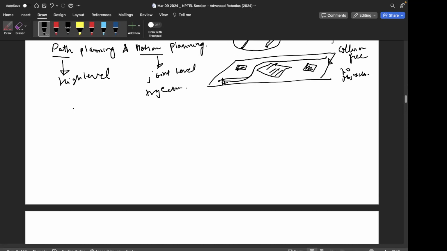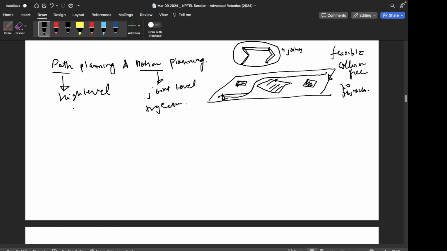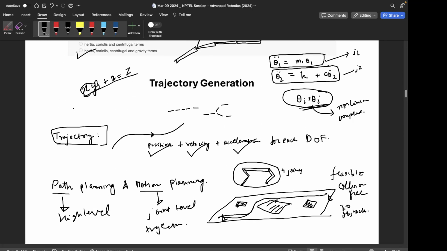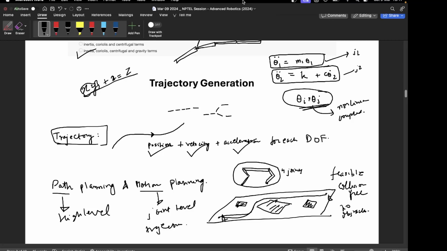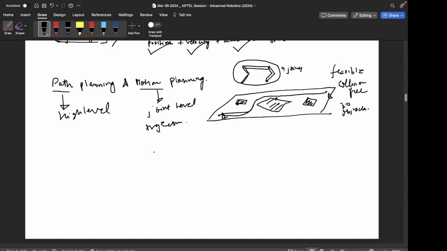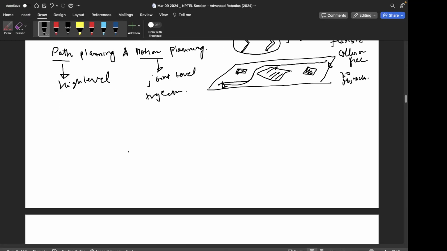All right, so we want to plan out trajectories which have the position, velocity, and acceleration information for each degree of freedom. We can plan trajectories in two ways, meaning two spaces, and these are the same two spaces which we have seen time and again.